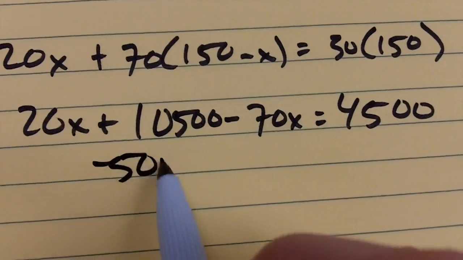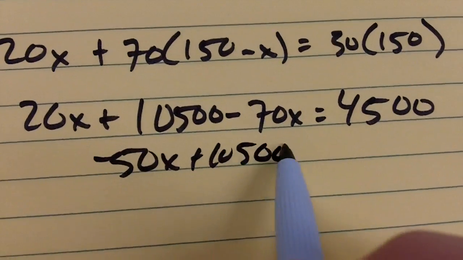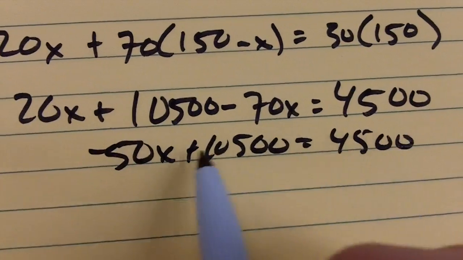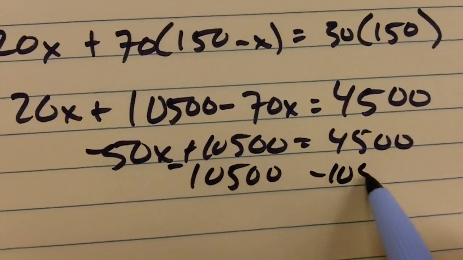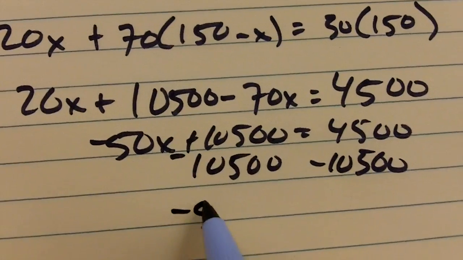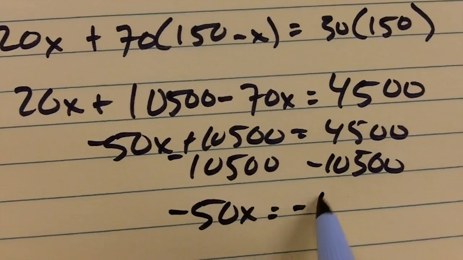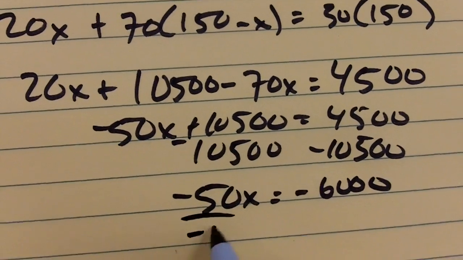Combine like terms, negative 50x plus 10500 equals 4500. Subtract 10500 and we get negative 50x equals negative 6000, divided by negative 50.